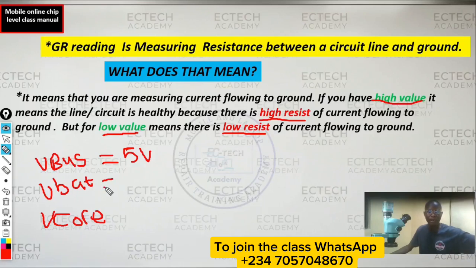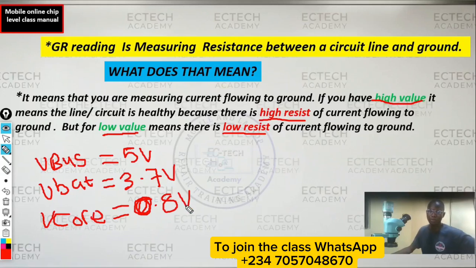VBAT, the minimum is 3.7 volts, that's the voltage coming in the VBAT line from your battery or your charging IC. VCORE is the voltage the CPU needs. The VCORE voltage is between 0.6 volts and 1.2 volts, depending on the design of the mobile phone. For the common one, let's use 0.8 volts.